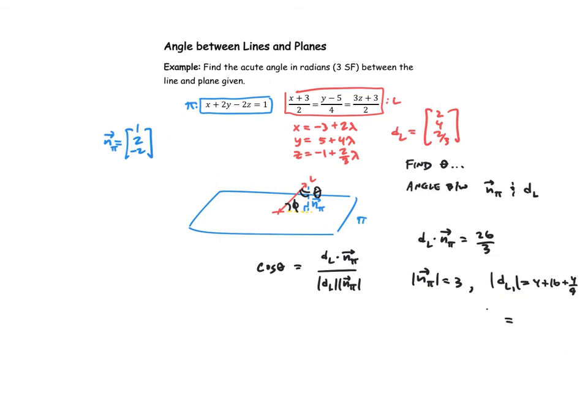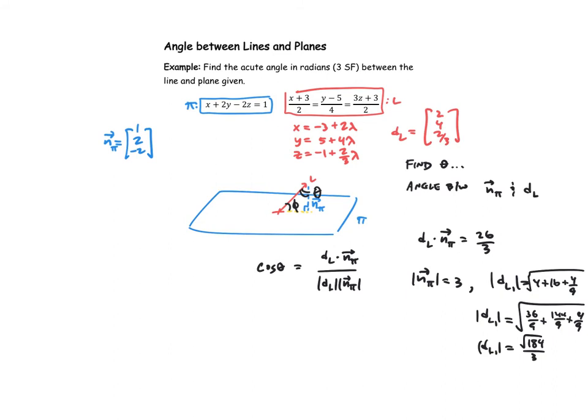I have to do a little work to clean this up, because that'll be helpful. That'd be 36/9 plus 144/9 plus 4/9, and I'm going to take the square root of that. So the magnitude of the direction vector of L is going to end up being the square root of 184 over the square root of 9, which will be 3.